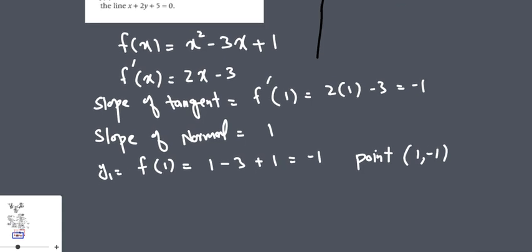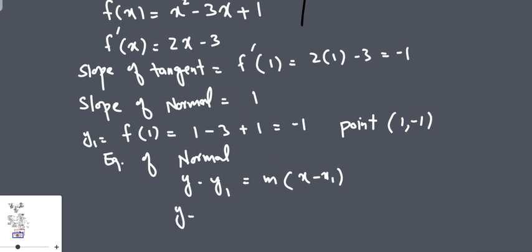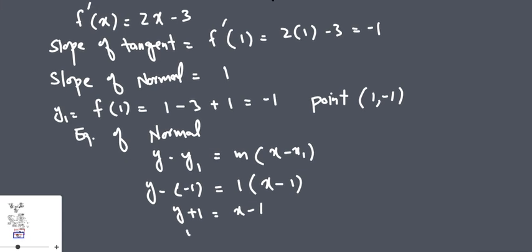So my equation of the normal is y minus y1 equals m times x minus x1. The value of y1 was negative 1 and m is 1, so x1 is 1. So y plus 1 equals x minus 1, so y equals x minus 2.